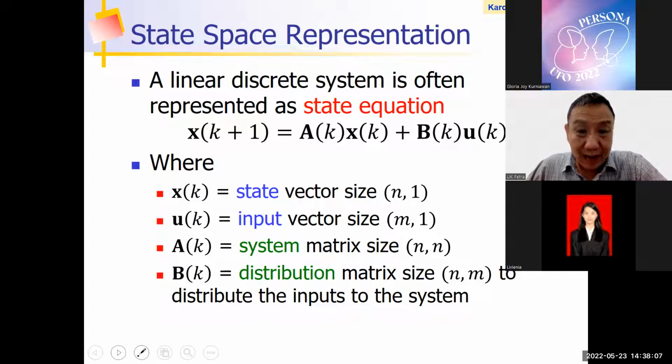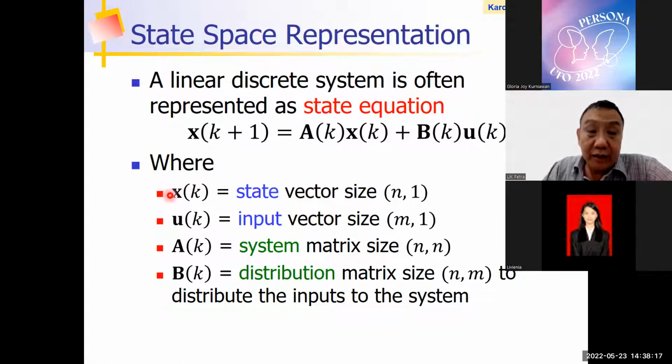With that, this is called the state equation. Look at this, important here is the size. The state vector has size n by 1, that means n rows. The input vector, the external force to the system, has m rows. The system matrix, which is internal to the state variable, is n by n.